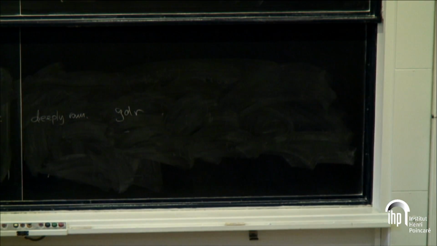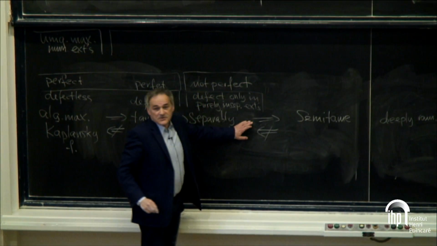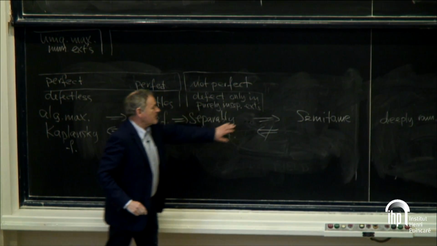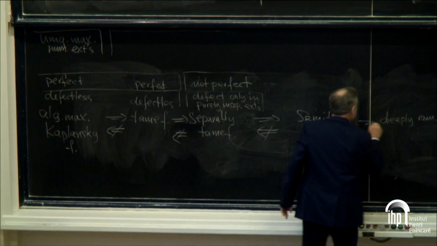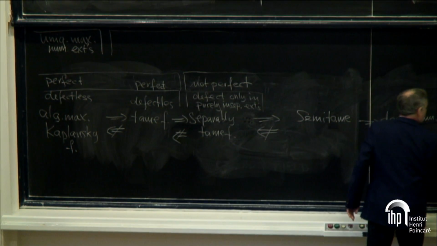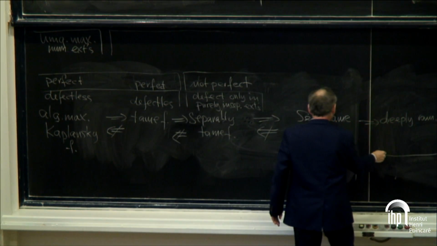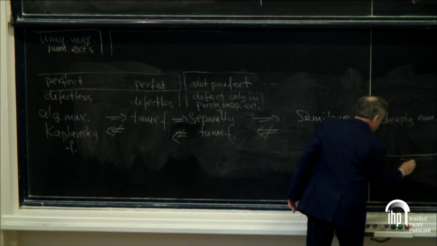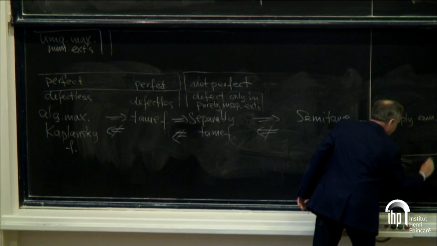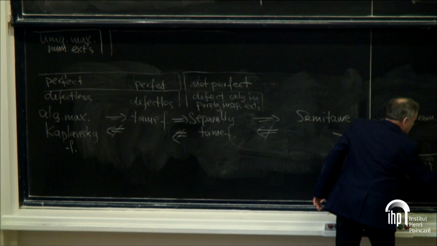Okay, and implications, which cannot be reversed. Same here. This is not trivial, so you really have to work for this one. These are trivial. And also you have backwards here this implication if your characteristic is positive.